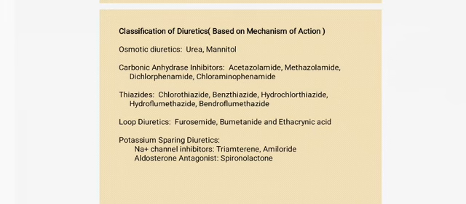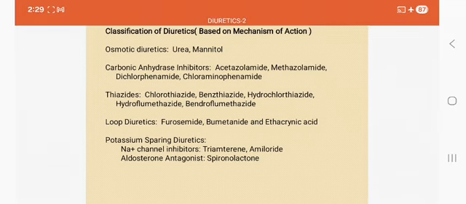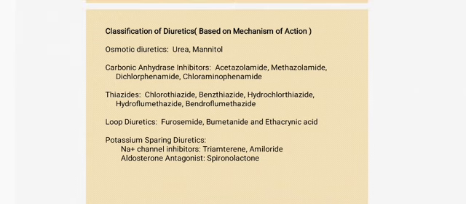Third is thiazide diuretics. Examples are chlorothiazide, benzthiazide, hydrochlorothiazide, hydroflumethiazide, and bendroflumethiazide. The next is loop diuretics. Examples are furosemide, bumetanide, and ethacrynic acid.